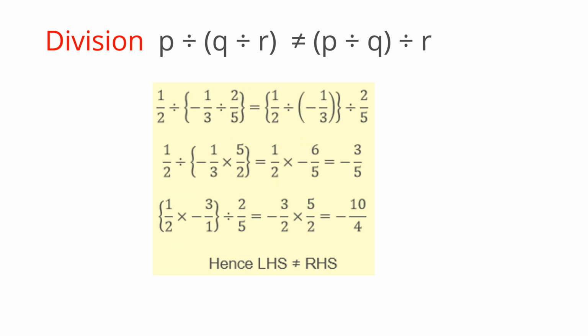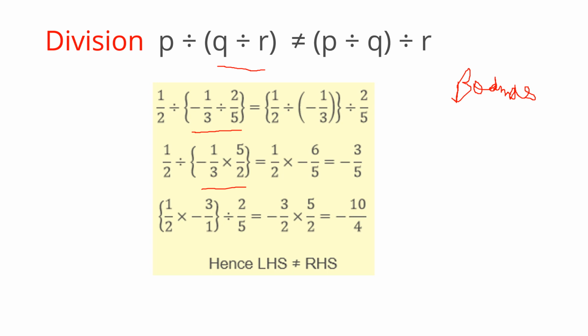Next we have division. P divided by Q divided by R. Firstly you will check for brackets using the BODMAS rule. BODMAS rule is a must here. You should know that brackets are solved first. For that you have to solve the bracket first, and only then proceed. Suppose here the bracket was on these two numbers, so you are going to solve these two numbers first.